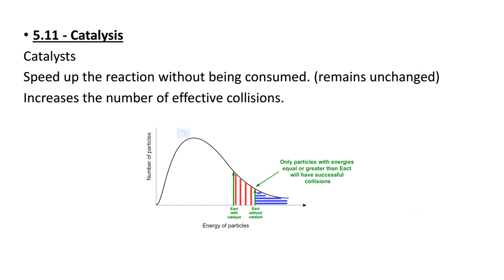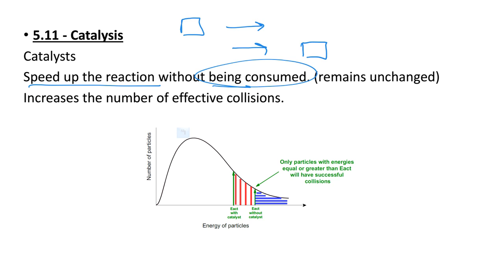We know that catalysts speed up reactions, but they are not consumed. That's why we always see them at the beginning of the first reaction and at the end of the second reaction. That's always where a catalyst is going to be, and it remains unchanged.